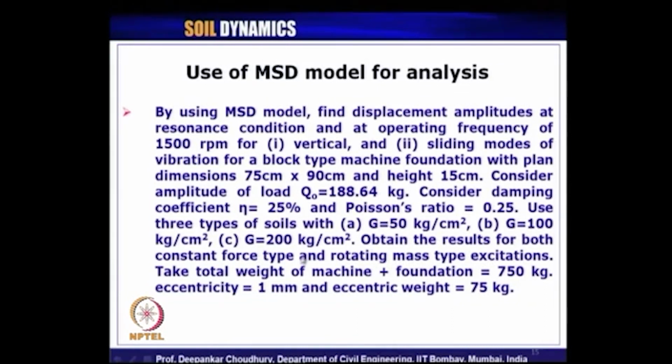Here we will use the expressions we derived earlier in module 2. It is also given to take the total weight of machine plus foundation system as 750 kg, which is kg force, and eccentricity is 1 millimeter and eccentric weight is 75 kg. These two are required only for the rotating mass type excitation case. For constant force type they are not required.